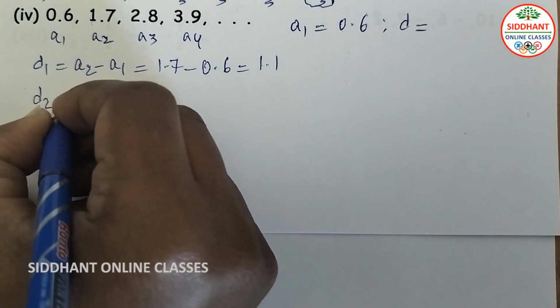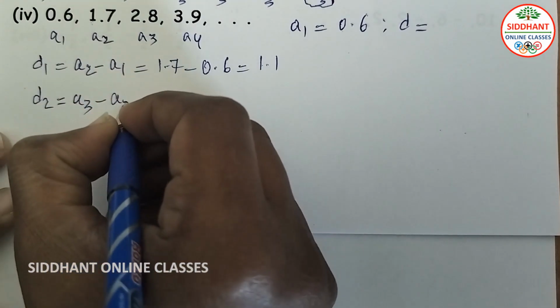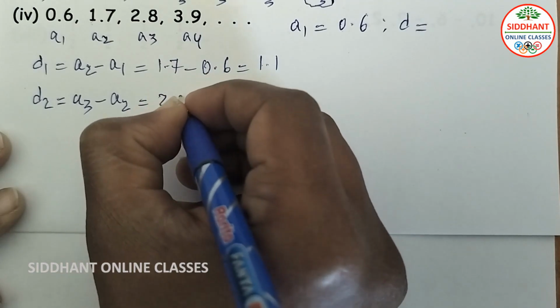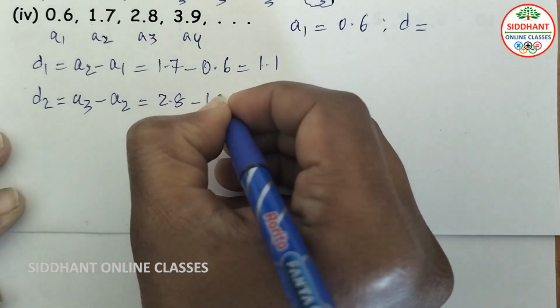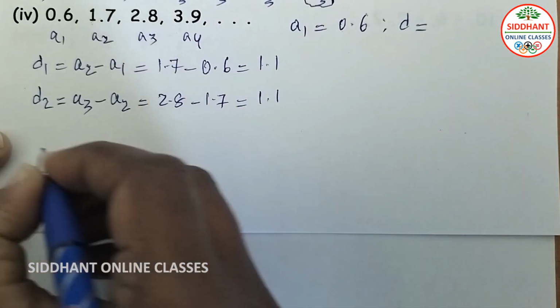Now D2. D2 is equal to A3 minus A2, that equals 2.8 minus 1.7, that equals 1.1.